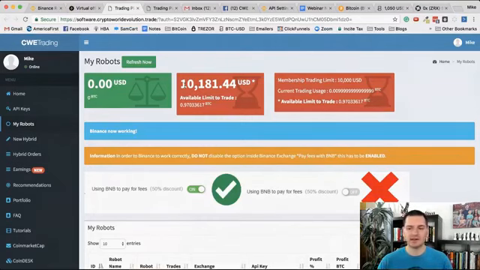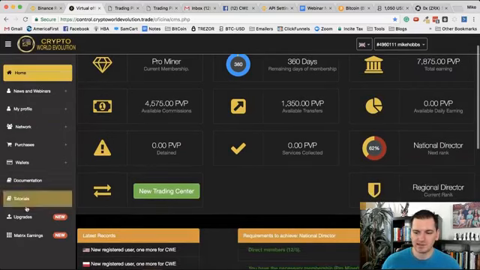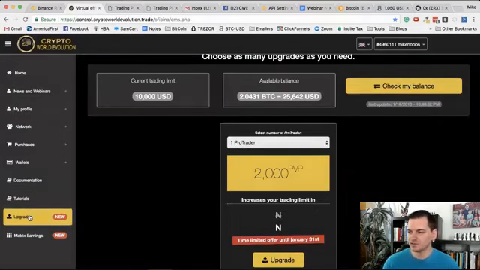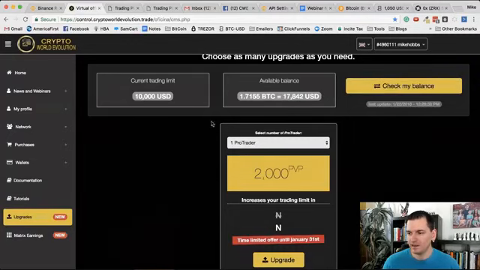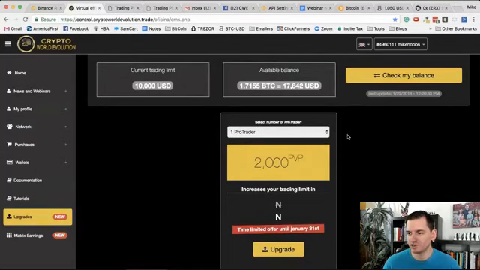But here's what they're doing, they're allowing you to upgrade your account. So if you go over here to your other back office and you go down here where it says upgrades, it'll take a look at what's in your balance. So you can click check my balance. And it'll allow you to buy more pro traders based on your balance.